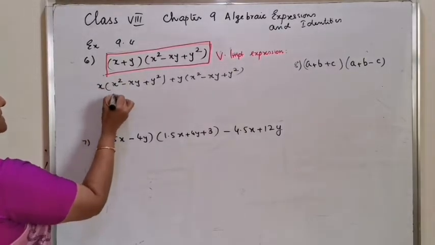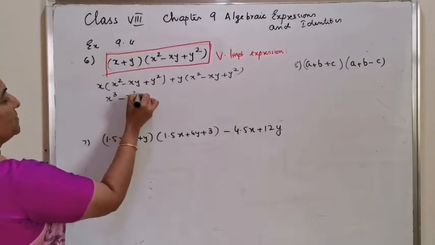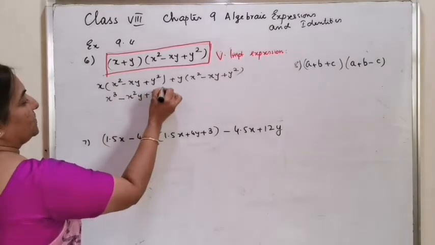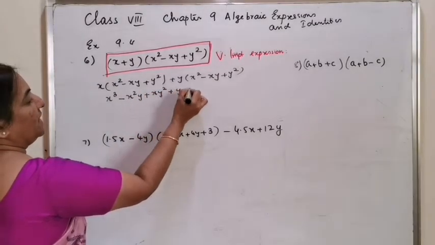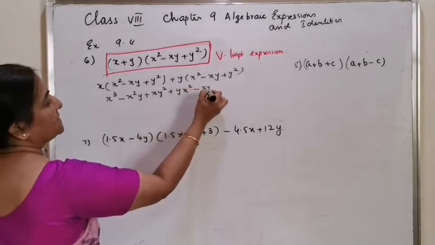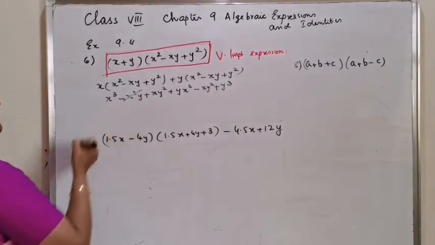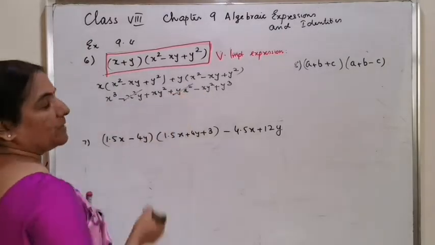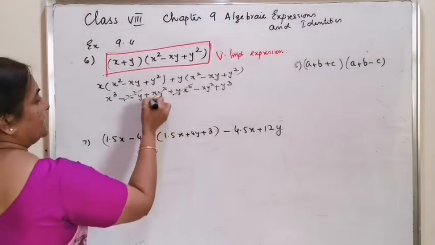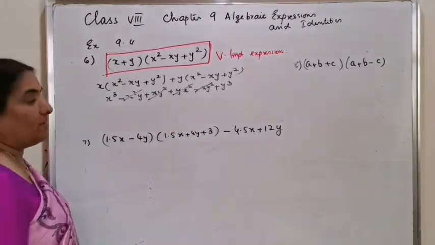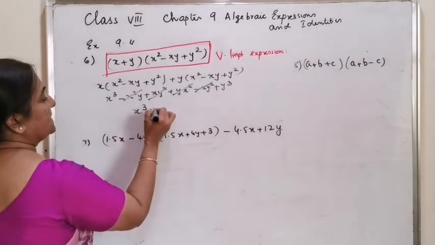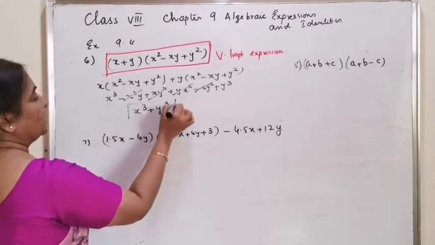x into x square is x cube minus x square y plus xy square plus yx square minus xy square plus y cubed. Minus x square y and plus x square y is getting cancelled. Plus xy square minus xy square, so the final answer is x cubed plus y cubed.